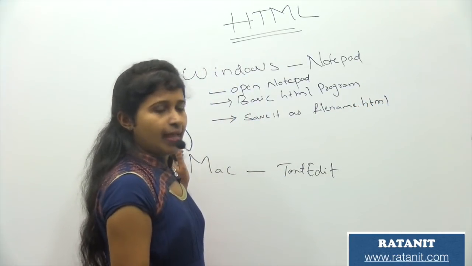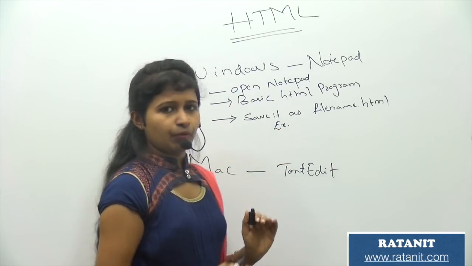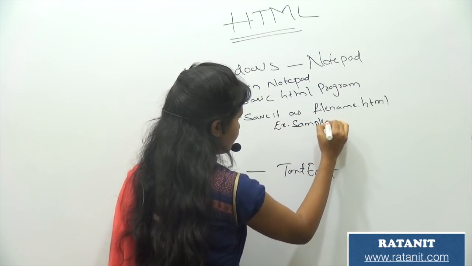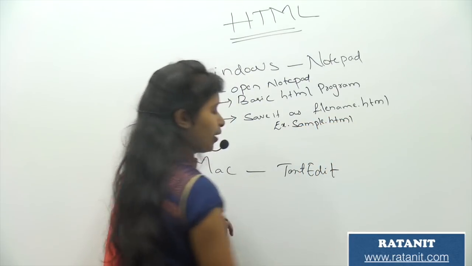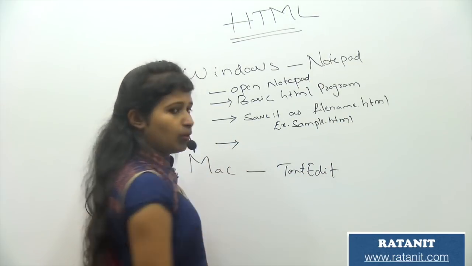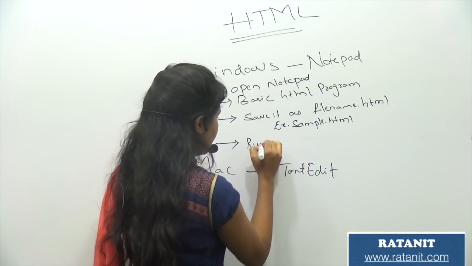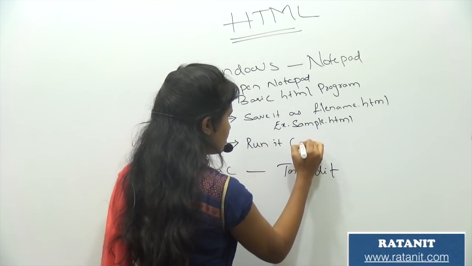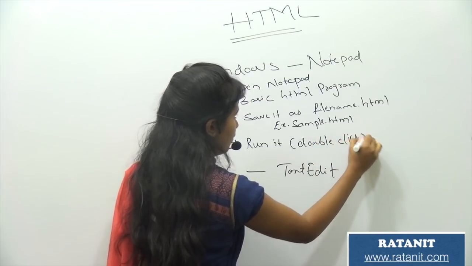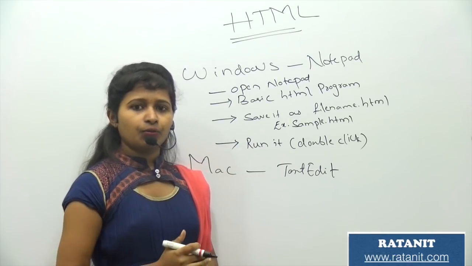For example, sample.html. If you saved it in your own library, open that library and run it. That means double click. This is the procedure to follow if you are using Notepad.